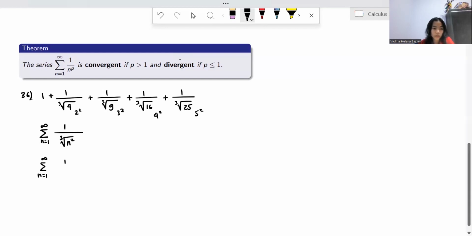So we'll get 1 over n to the power of 2/3. Okay. And then we get the p. The p is equal to 2/3. And that's why the p is less than 1. And if p is less than 1, then it means the series is divergent.